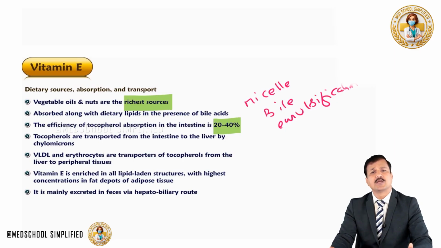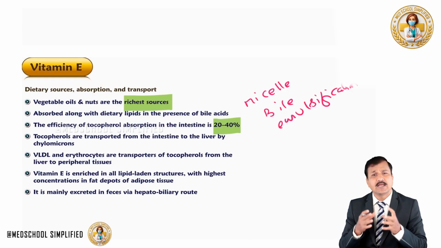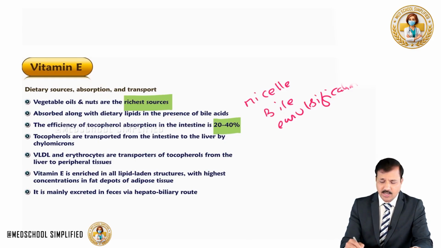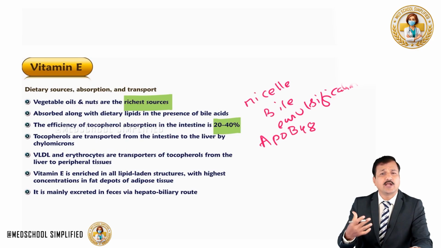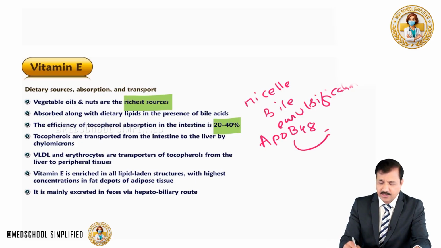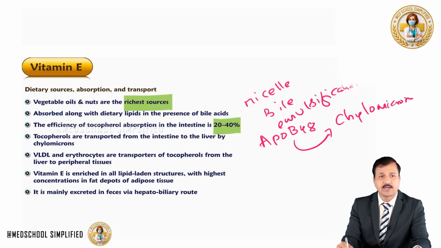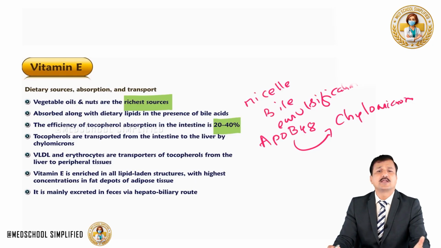Once tocopherol is absorbed into the enterocytes, it will be loaded onto ApoB48 protein, and once this ApoB48 protein is loaded with vitamin E, vitamin A, vitamin D, vitamin K and dietary lipids, it will be converted into chylomicrons. Chylomicrons are carried from the intestine to the liver, where they offload all their content.